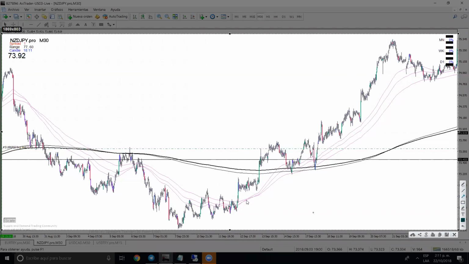In a breakout 1 trade, the price is going in a trend, this is a downtrend. I'm going to draw the downtrend here. The price is coming in a downtrend or uptrend, it doesn't matter. The price is going down, down, down. Suddenly the price changes direction. So the breakout 1 trade is right here.